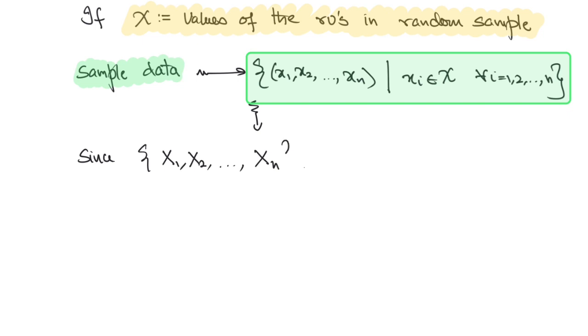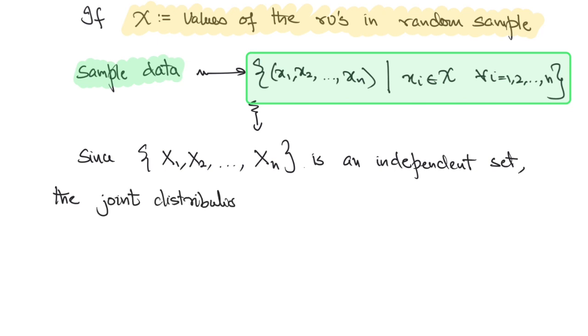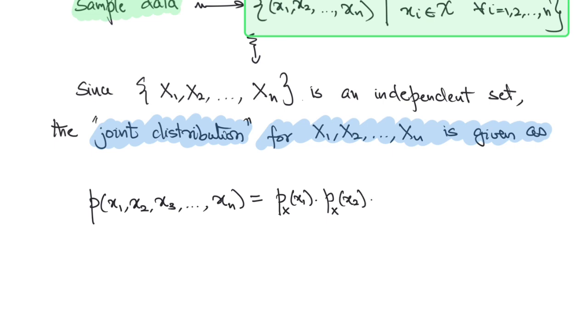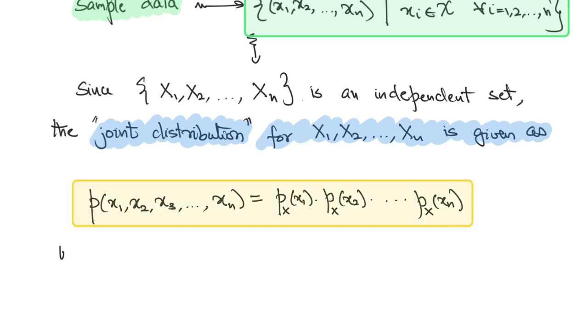Notice that since x1, x2 up to xn is an independent set of random variables, the joint distribution for x1, x2 up to xn is going to be given by p of x1, comma x2, comma x3 up to xn equal to the product of p sub x of x1 up to p sub x of xn.